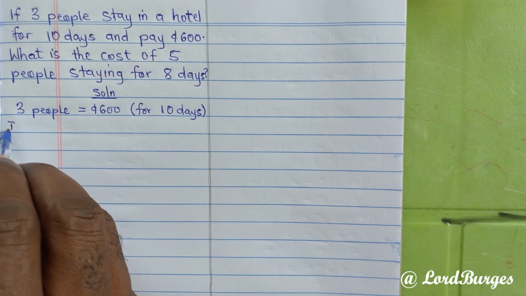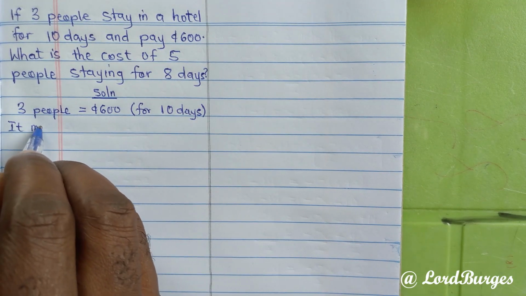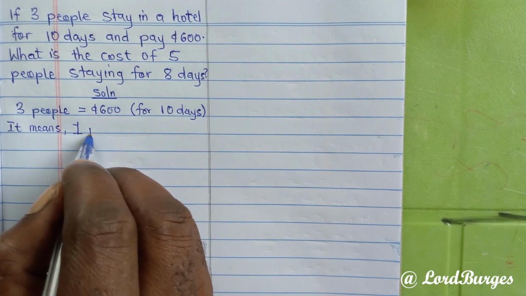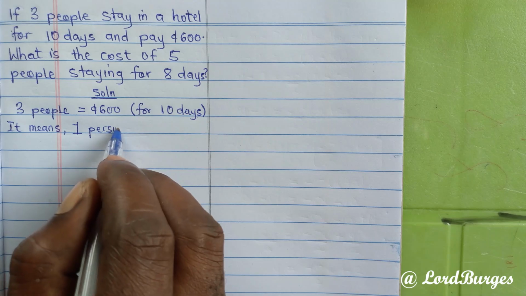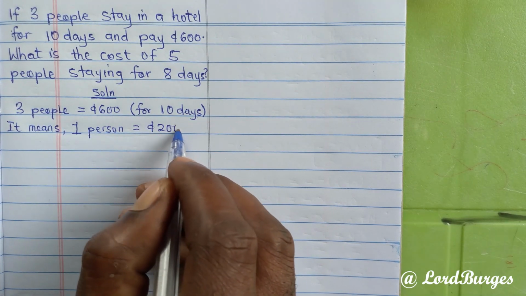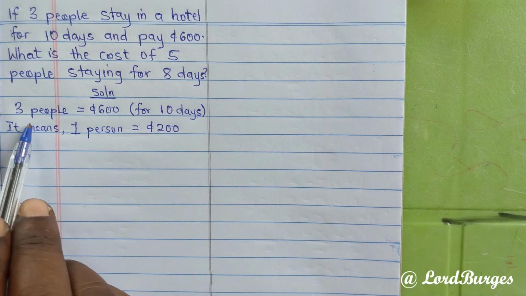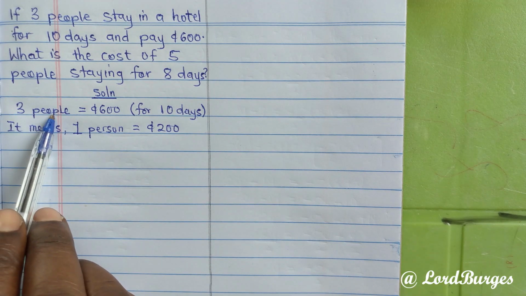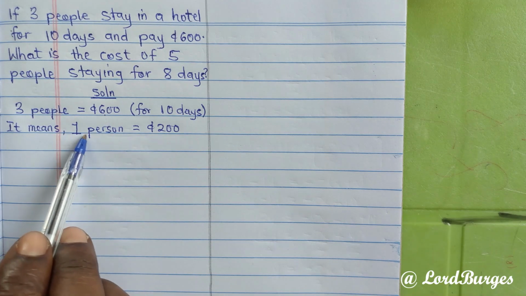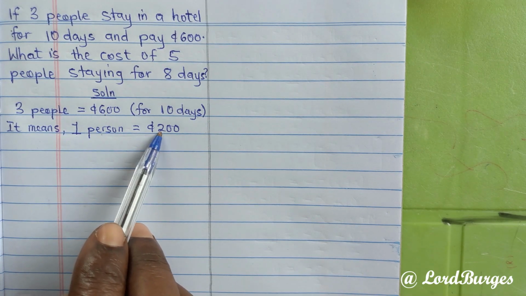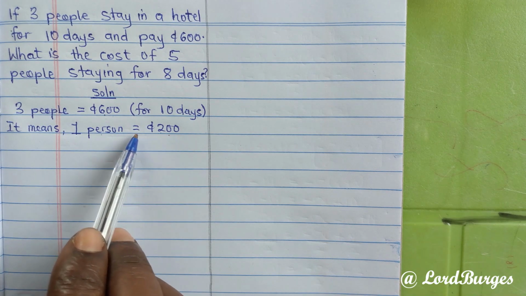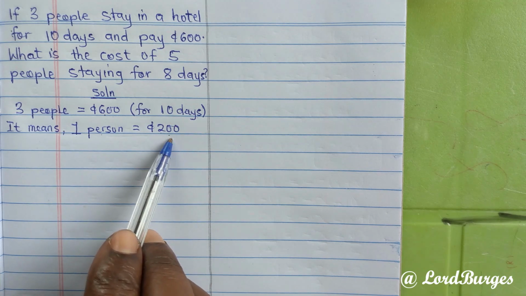It means one person paid 200 cedis. Looking at what we have, they were 3 and they paid 600. Then one person paid 200, because 600 divided by 3 is 200. That is, for the 10 days, one person paid 200.